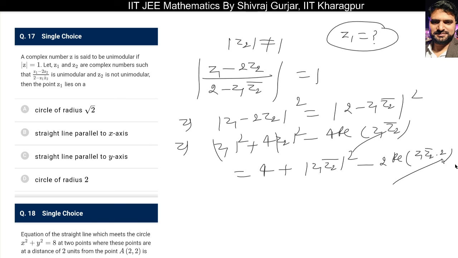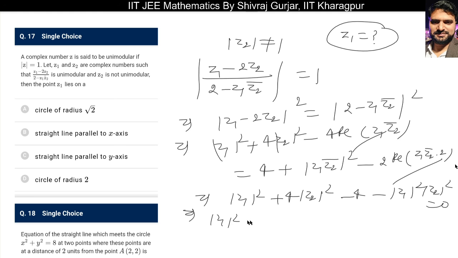So these will cancel each other out. We have modulus Z1 square plus 4 modulus Z2 square minus 4 minus modulus Z1 square modulus Z2 square equals to 0. So modulus Z1 square into (1 minus modulus Z2 square) plus 4 modulus of Z2 square minus 1 equals to 0.